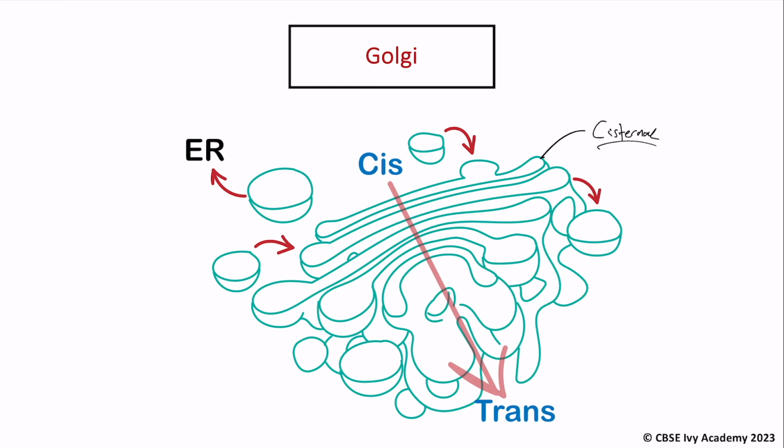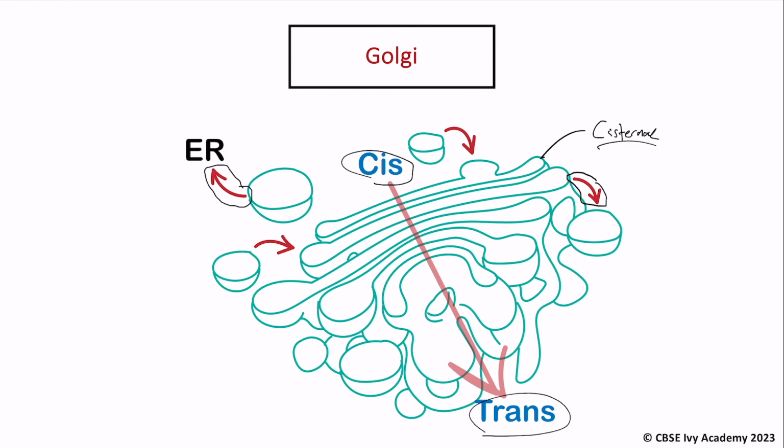That means that vesicles enter on the cis end and they exit at the trans face. So according to the cisternal maturation model, cisternae move and mature from cis to trans. Now some vesicles will move forward in the Golgi, like here, but some will also move backwards in the Golgi, and they can even go backwards from the Golgi to the ER.